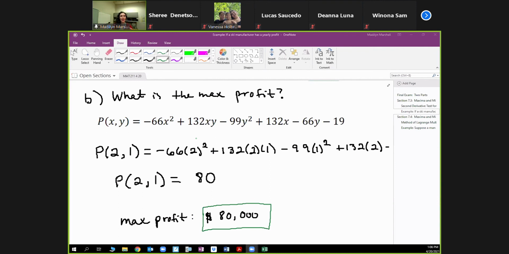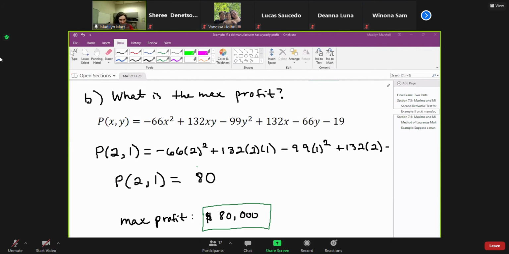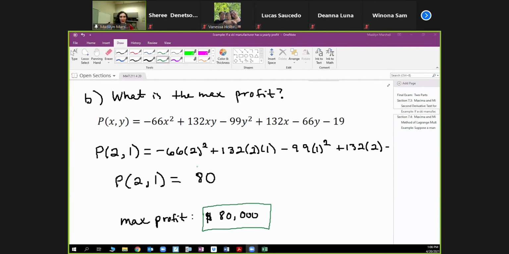So even if we can't see it, like this is a cup with a bottom on it, we can still apply these techniques to maximize and minimize any number of variables. And that's a really big field of math, optimization, in all kinds of fields. So if your company is making 100 different types of things, you can make a function with 100 variables, and all of this would still apply.